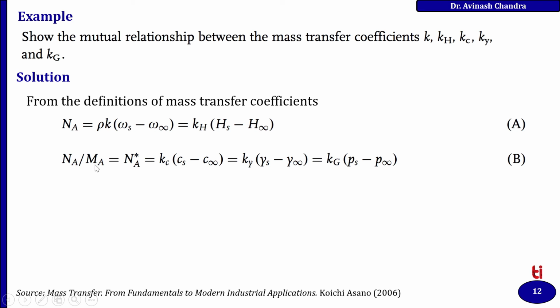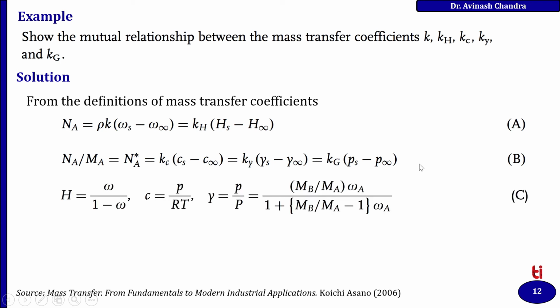So Na upon M equals Na star, Kc into (Cs minus C infinity), and Ky equals this and this. So this is equation 1, this is equation 2, or you can say equation A and equation B. So in equation C, H can be written as omega upon 1 minus omega, C equals P upon RT, capital Y equals p upon P, and this can be written in this way.